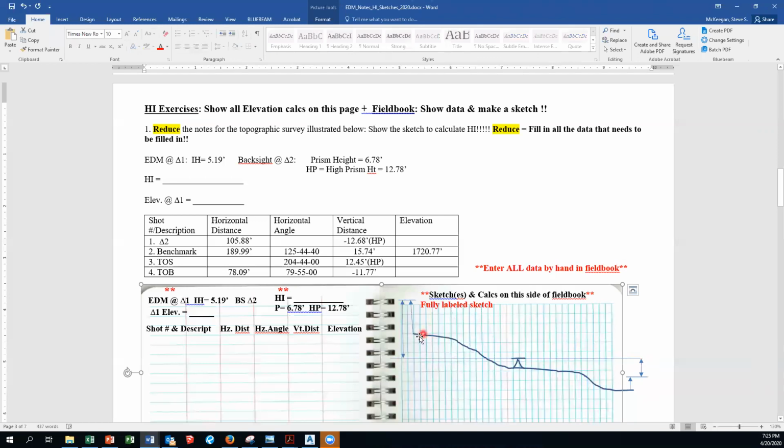So this is the benchmark right here. This is the sketch that you should have made. Most of you did.